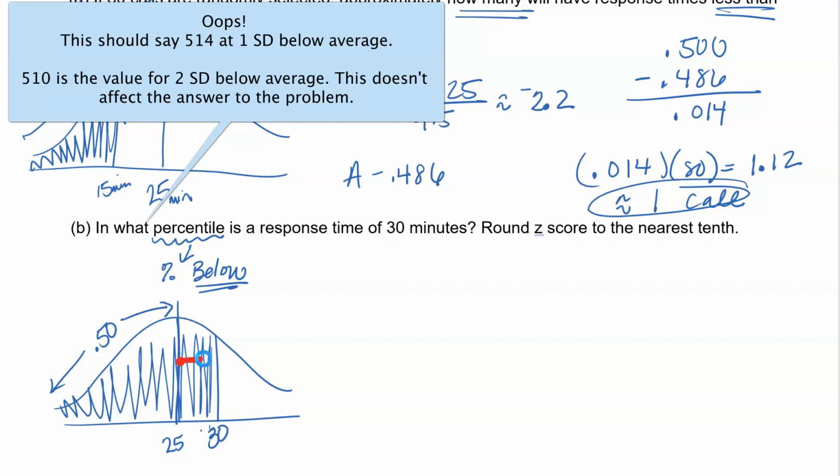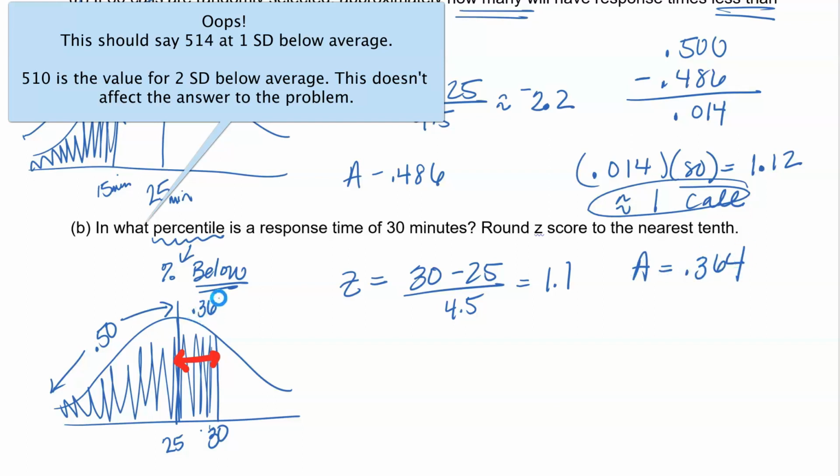So I'm going to use the chart in Appendix A, and I'm going to find the z-score for 30. So 30 minus the average divided by the standard deviation, 4.5, is equal to about 1.1. If I look 1.1 up on the table, I end up getting an area of 0.364. So this area is 0.364.